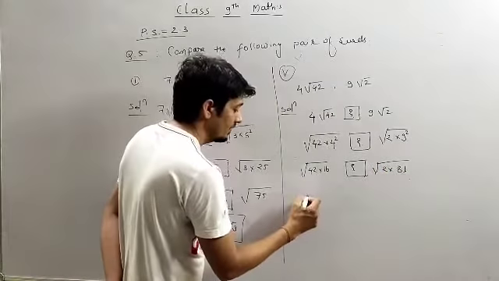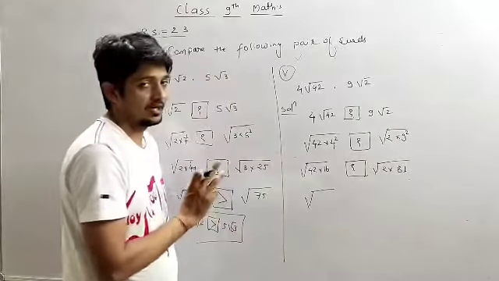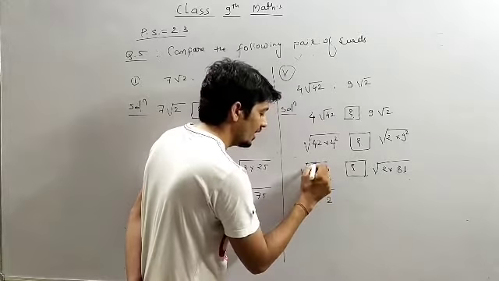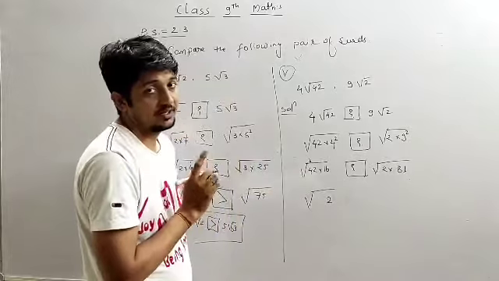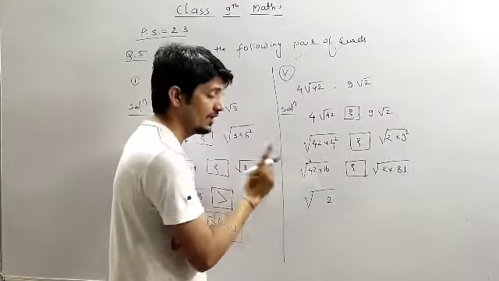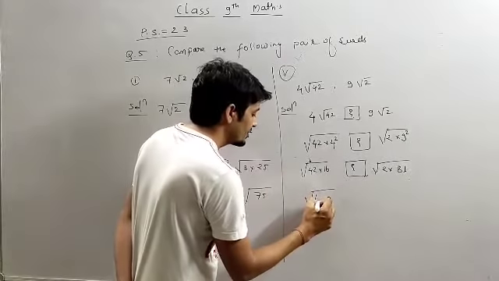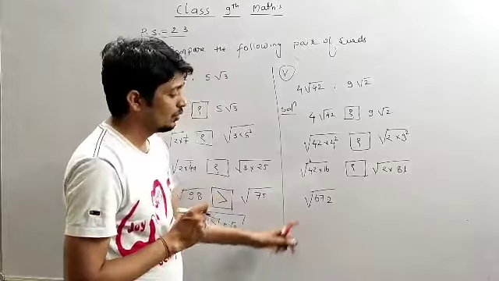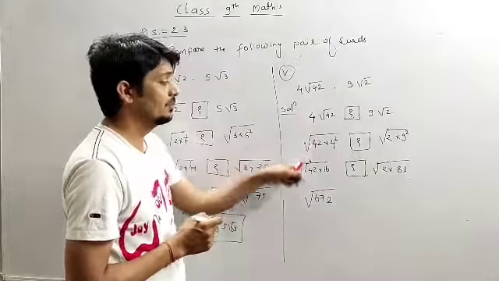Then we have to multiply. 16 twos are 32, so carry 3 here. 16 fours are 64 and 3 is 67. Okay. So root 672 will be the answer for this part.